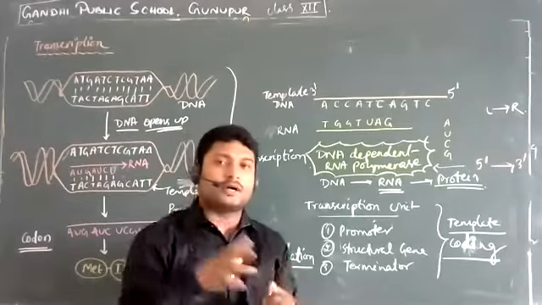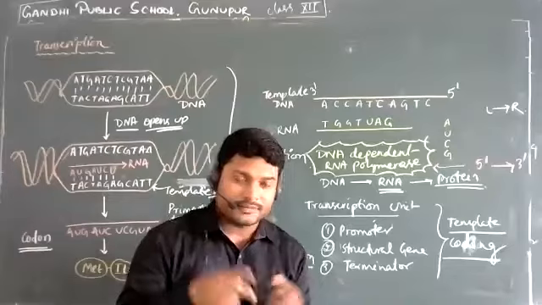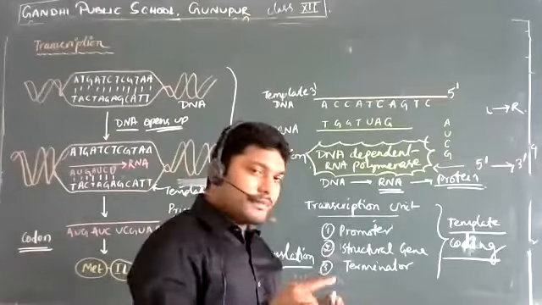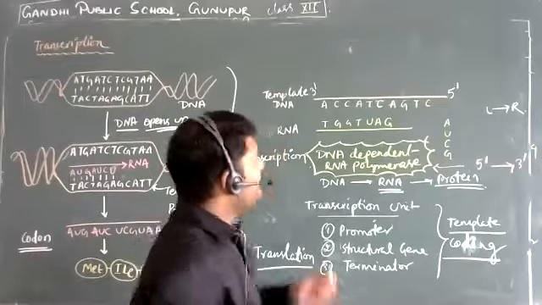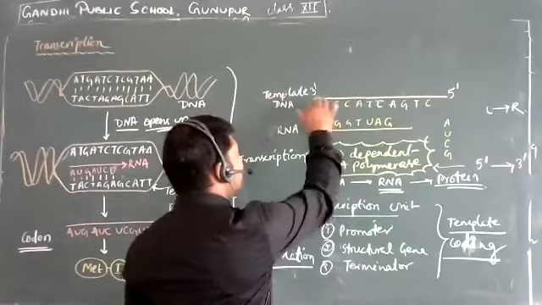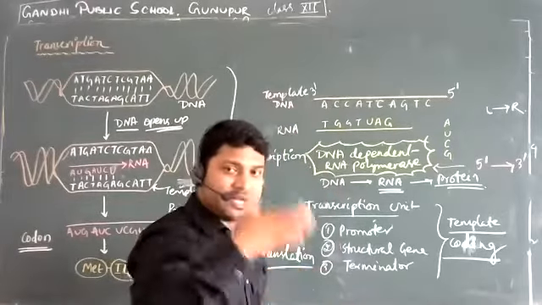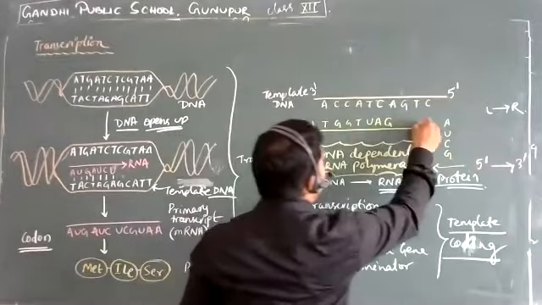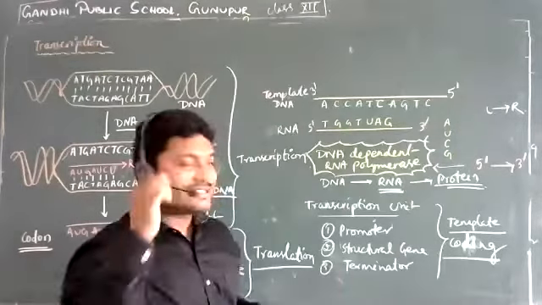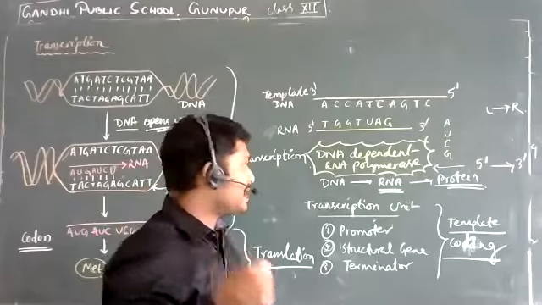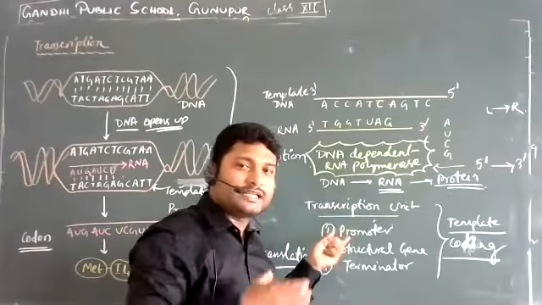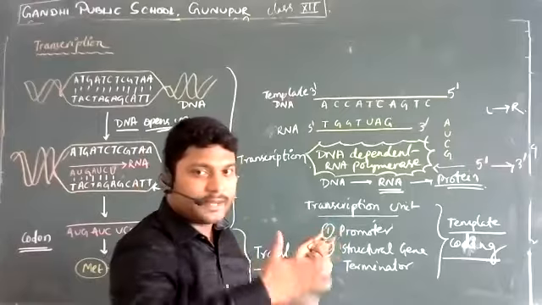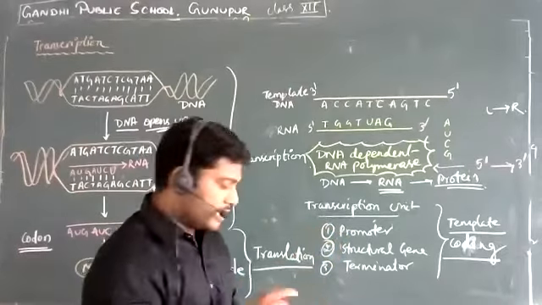Always remember, when we talk about two strands of DNA, or two strands like DNA and RNA, you always have to talk about complementarity and antiparallel nature. So if this strand has a polarity of 3 prime to 5 prime, the polarity of the RNA strand is going to be 5 prime to 3 prime, and that satisfies the basic criterion of the DNA dependent RNA polymerase polymerizing in a definite direction of 5 prime to 3 prime, or left to right.